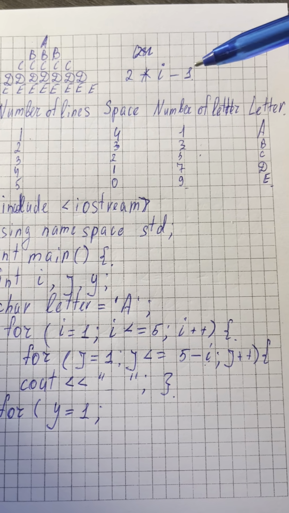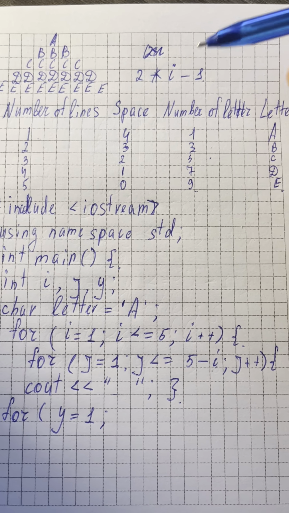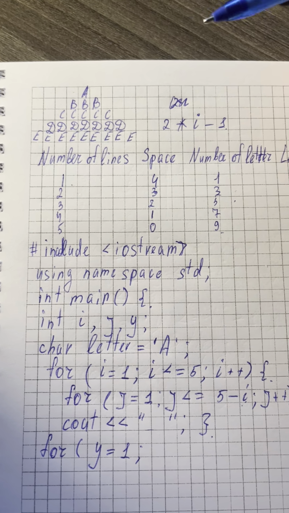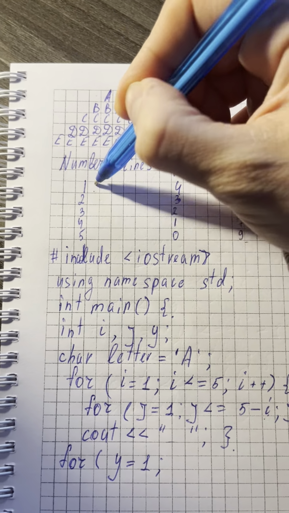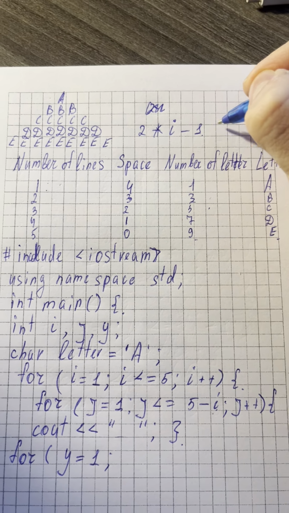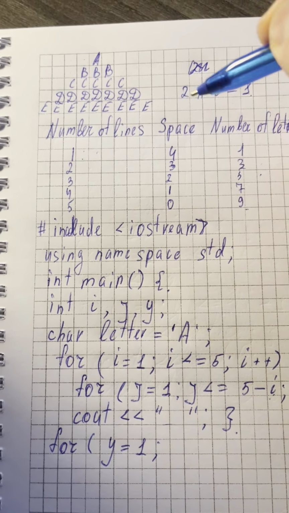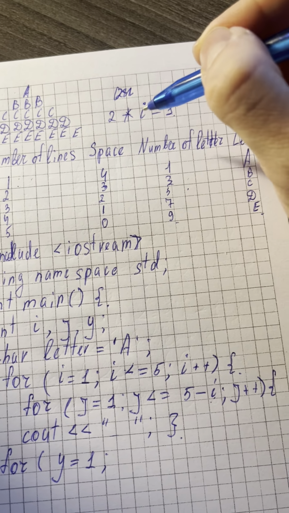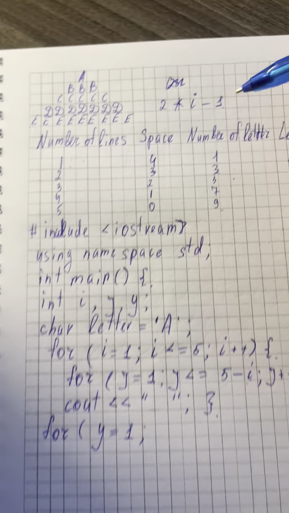So, for example, we will see how many letters we will have on the first line. So we will get i equals 1. 2i minus 1 is 1, because 2 multiplied by 1 is 2, 2 minus 1 is 1.